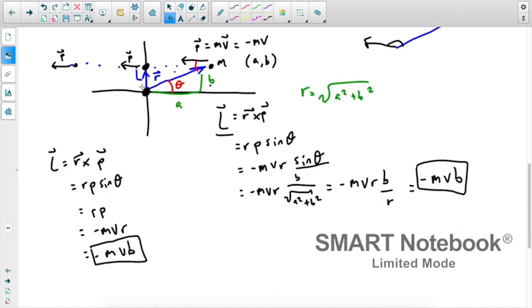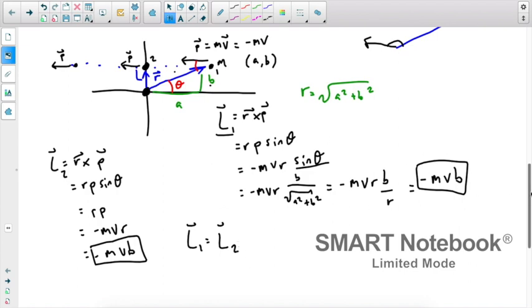I would get the exact same result because the distance here, this new r vector in my new calculation, so let's say this is my first calculation, this is my second one, for when the particle has reached position 2, it's still the same distance b away from this axis of rotation. The height above the x-axis is b. So no matter where we do our calculation, we're going to get the same result because angular momentum in this example is conserved.